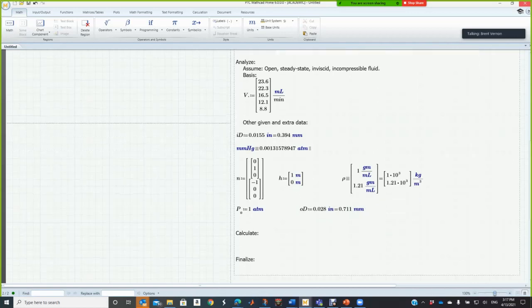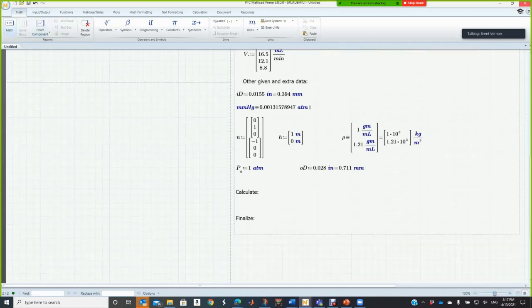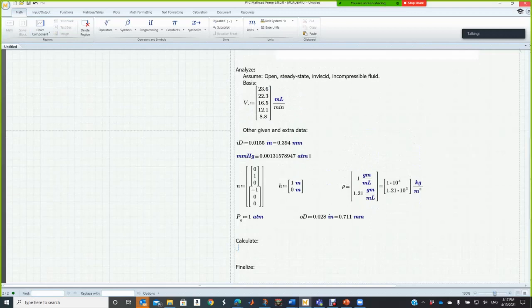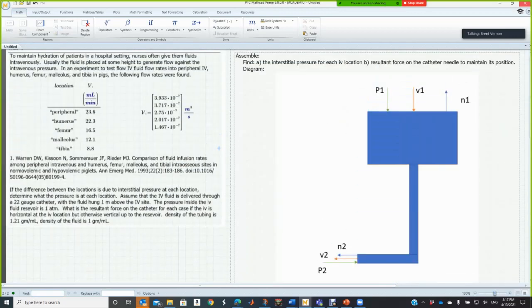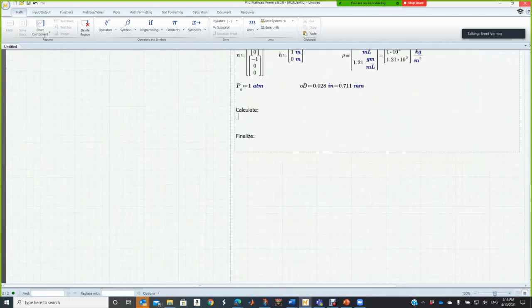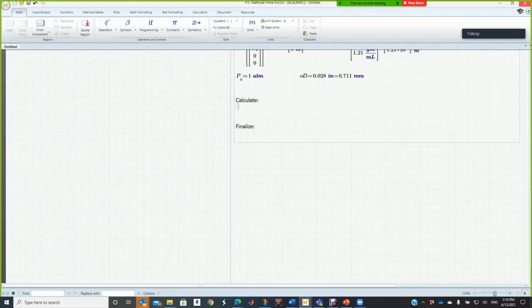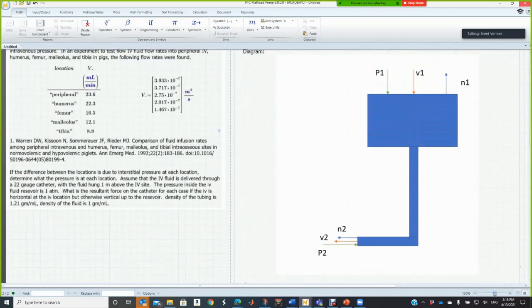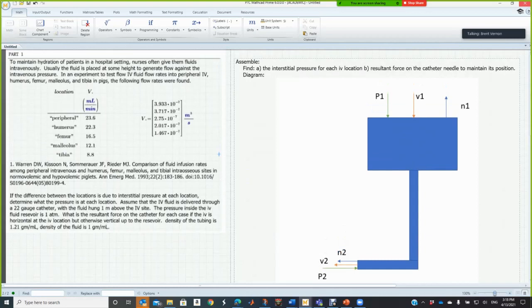So now we're going to come down here and start to calculate. First thing I'm going to do is figure out what equations I need. There's a couple of things we're looking for, right? The pressure at P2, and the resultant force.